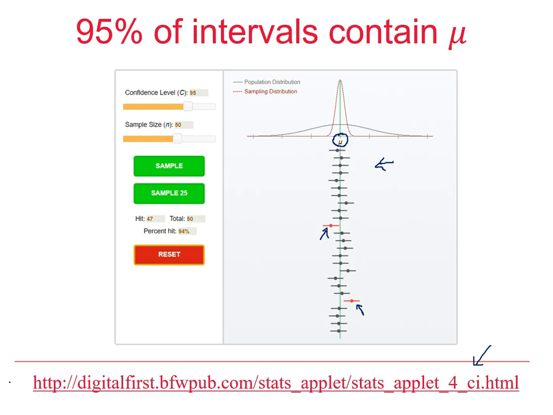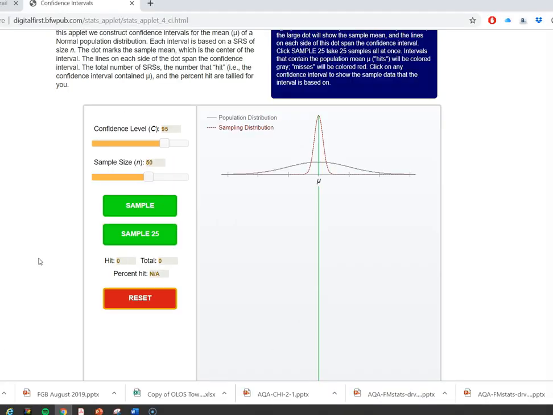There we have a little look here at this applet in action for a 95% confidence interval, sample size 50, and you can change that if you want to. If we take a few samples, you can see in yellow the values from the population that have been sampled at random. This one's very spread out.